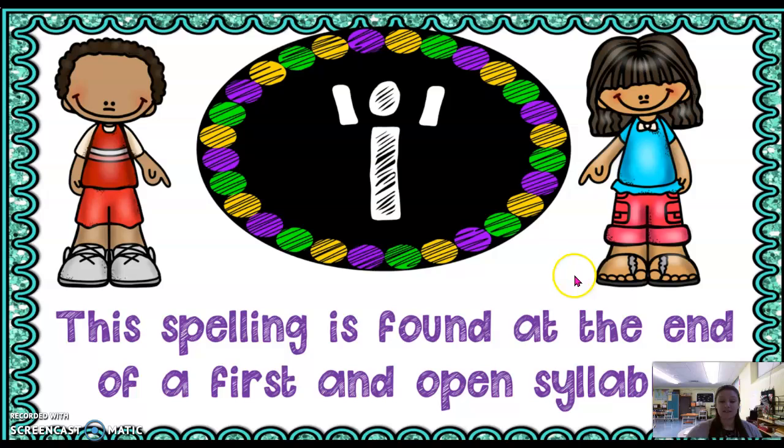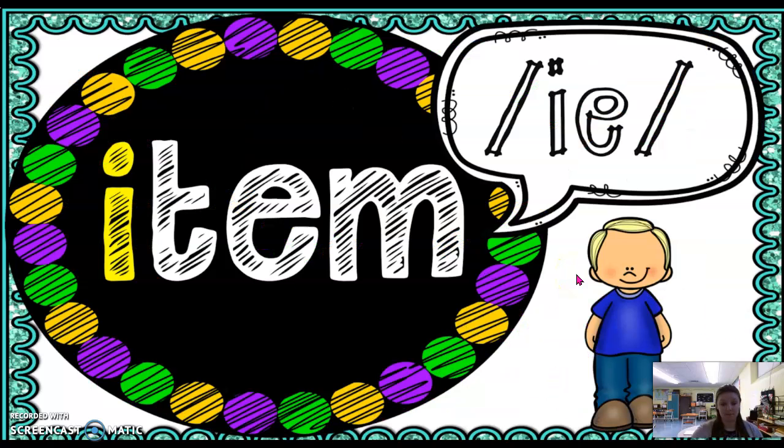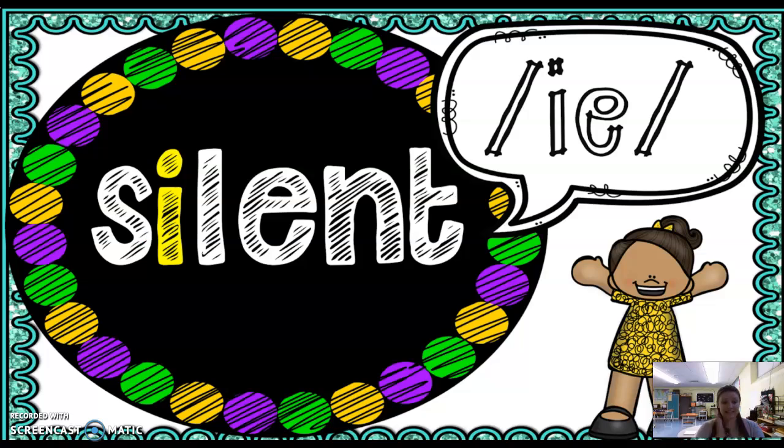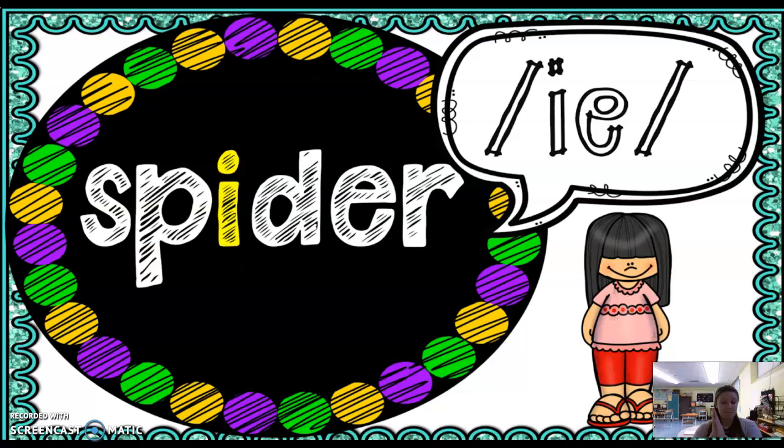The spelling was found at the end of the first open syllable. For example, item. Silent. Spider. So it's at the end of that first syllable, and it's an open syllable, which means it ends in the vowel.